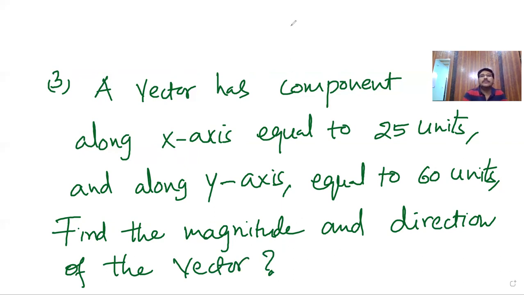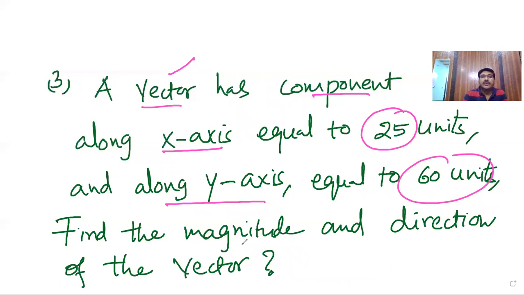So the clarity: whenever you attempt a question, you must have clarity. He says it is a vector and its component along the x-axis is 25 units. Its component along the y-axis is 60 units. Now he requires the magnitude as well as the direction of that vector.